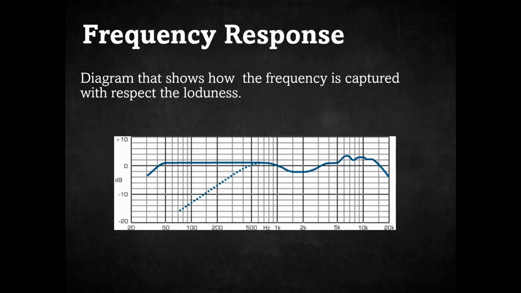This chart is of the AKG C3000, which actually is the mic that I'm using to record this. As you can see, it has a pretty little decay at low frequencies and kind of crazy shapes at the high frequencies.